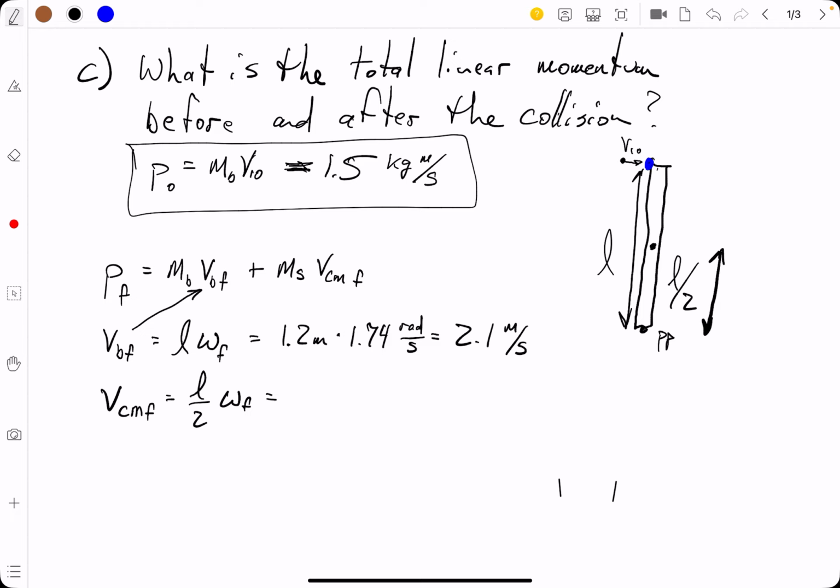And it's seriously that easy. Which essentially is 1/2 VBF. So we can divide that VBF by 2, and we end up with 1.05 meters per second.